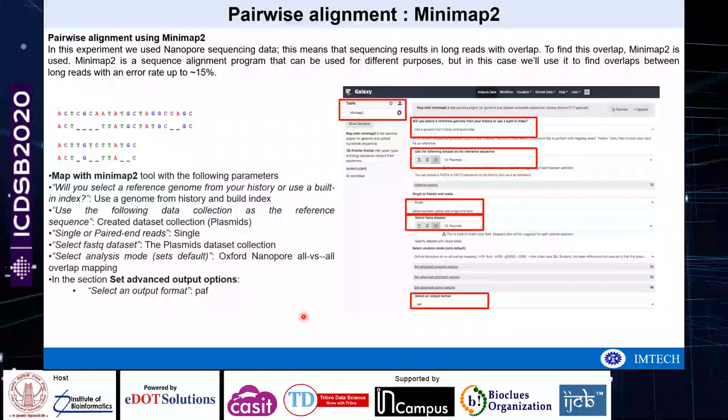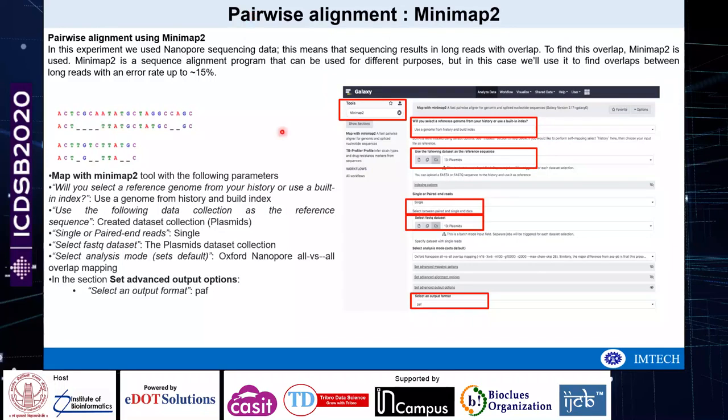So after completion of this task, we would like to perform the pairwise alignment. For pairwise alignment, they have used Minimap2, which is a tool already embedded in Galaxy. And in this experiment they have used the same data, and nanopore gives us long reads. So we need to find the overlaps among the sequences, and to find these overlaps, Minimap2 is used.